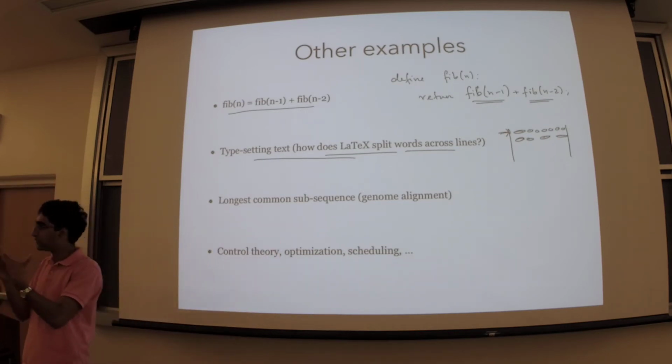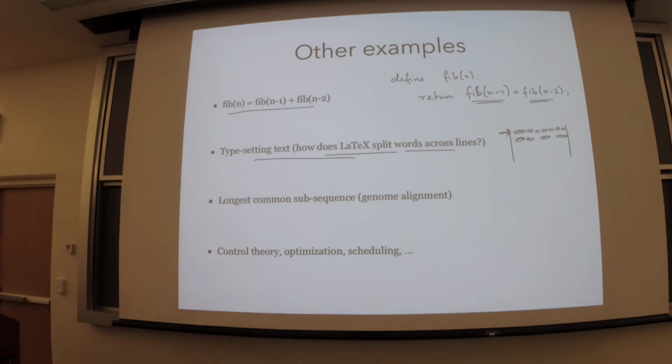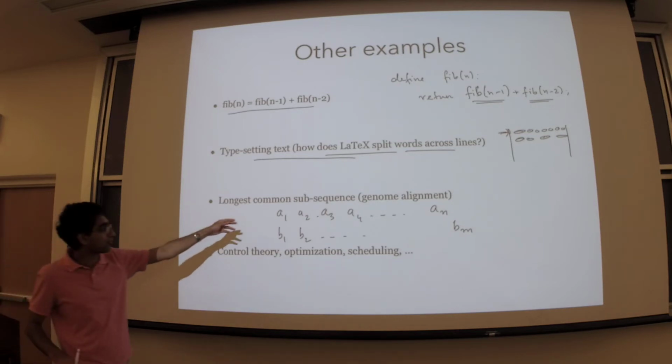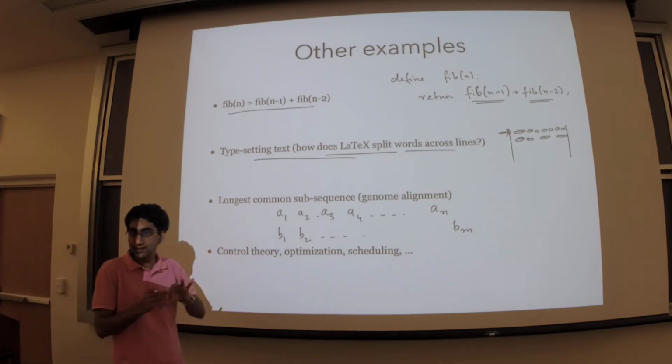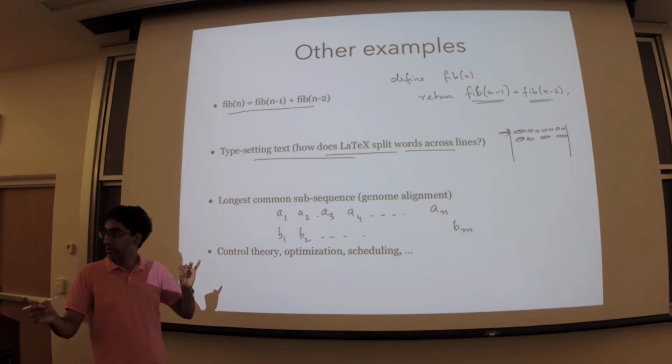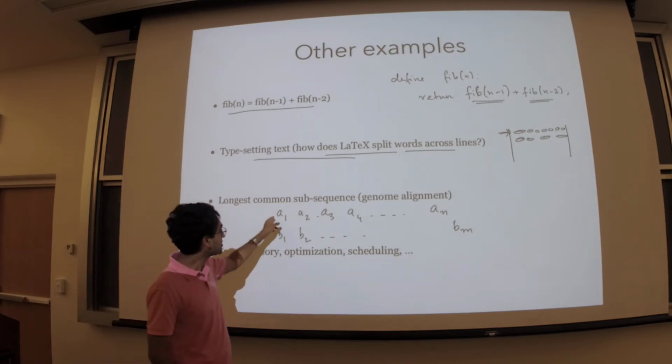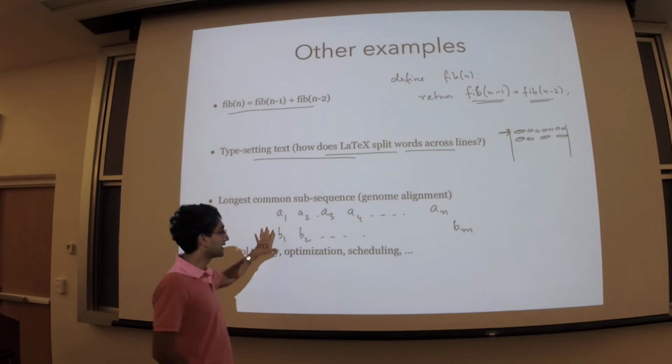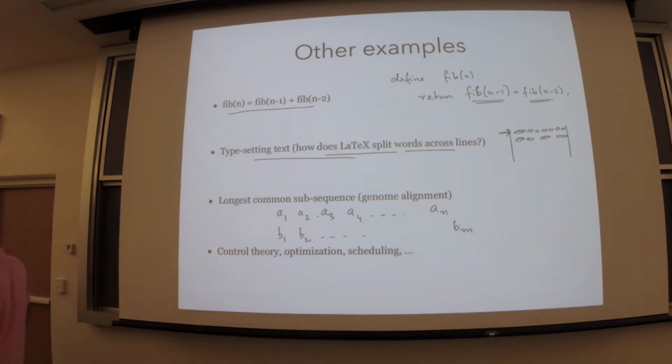You're given two strings, let's say A1, A2, A3, up to AN, and G1, up to GM. These are two sequences of characters, right? A string is basically a sequence of characters. Now you would like to find subsequences that are equal. What does that mean?